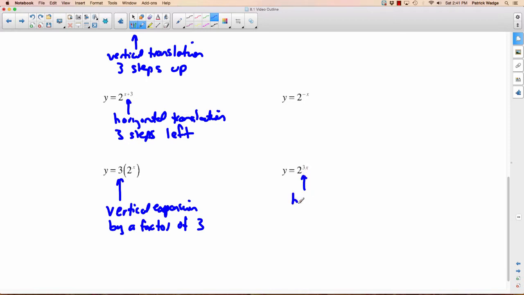So this is going to impact it horizontally. This is a horizontal compression by a factor, remember what we say for this? A factor of 1/3. There are a few books I've seen that call this by a factor of 3, but most books, and I prefer this too, since it's a compression, say a factor of 1/3.